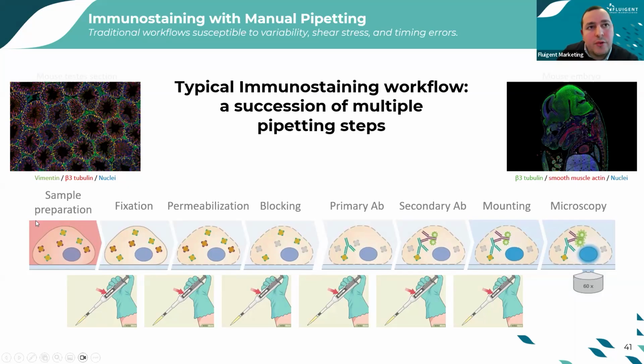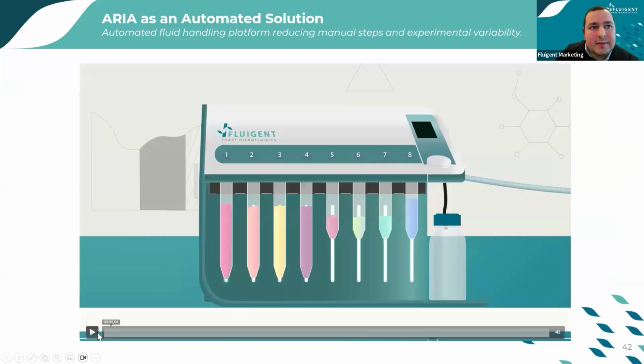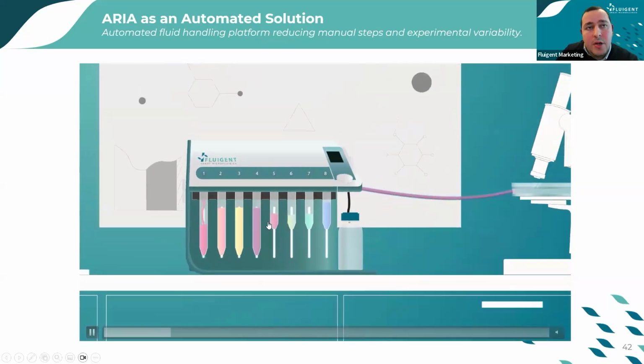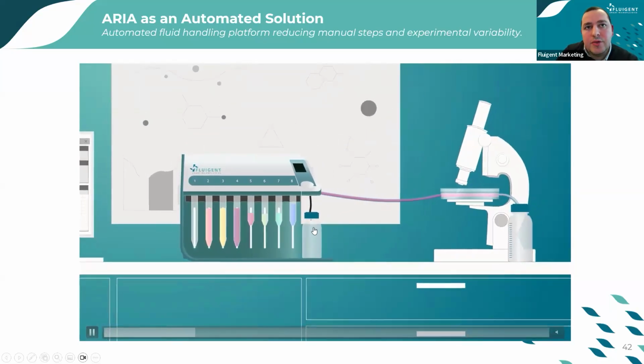So one of the solutions, also a plus to the Fluigent offering that we suggest, is the system which is also based on the pressure control, the pressure-driven system that we provide, but it is dedicated to microscopy and these types of applications. Basically, we'll have 8 reservoirs for the samples, in addition to 2 others for washing.